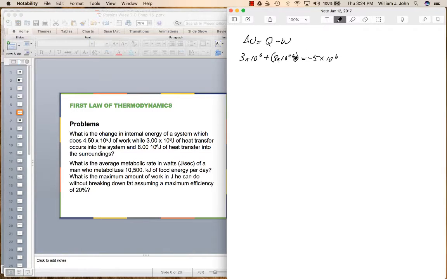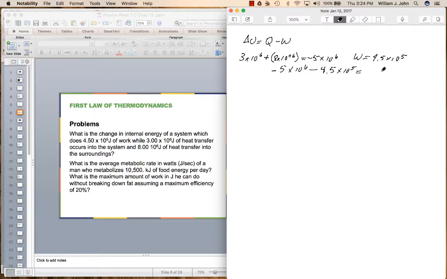At the same time, the work performed is performed by the system, so it's positive, so it's 4.5 times 10 to the positive 5. So if we put this in, we have minus 5 times 10 to the 6th minus 4.5 times 10 to the fifth.